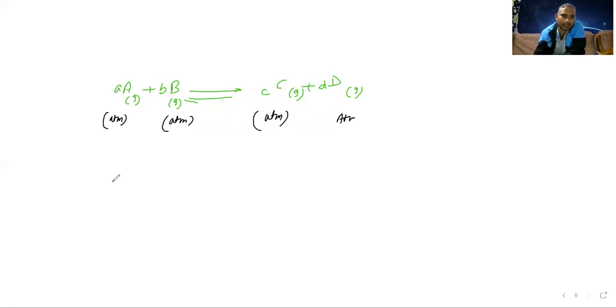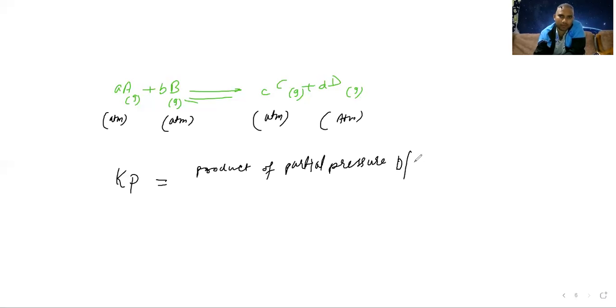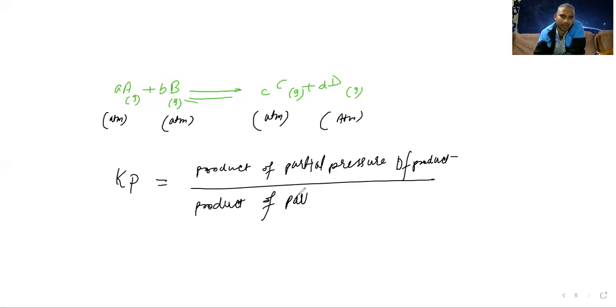So how to write Kp? The product of partial pressures of products divided by the product of partial pressures of reactants, with coefficients as powers.